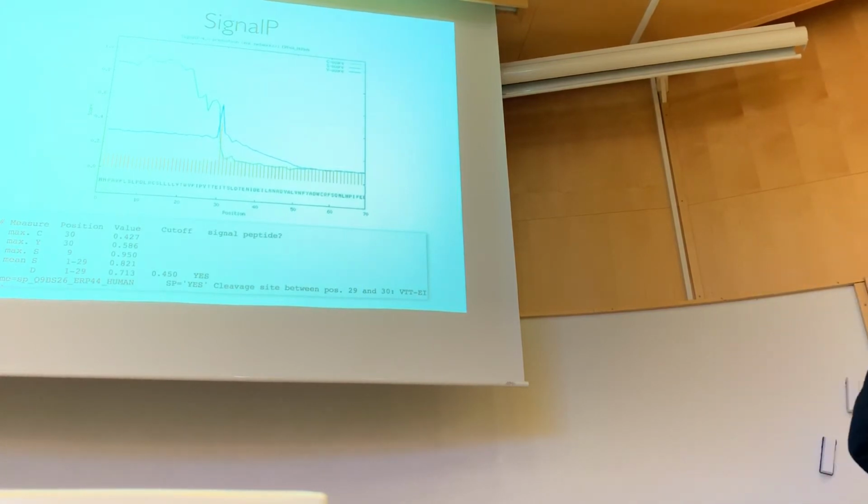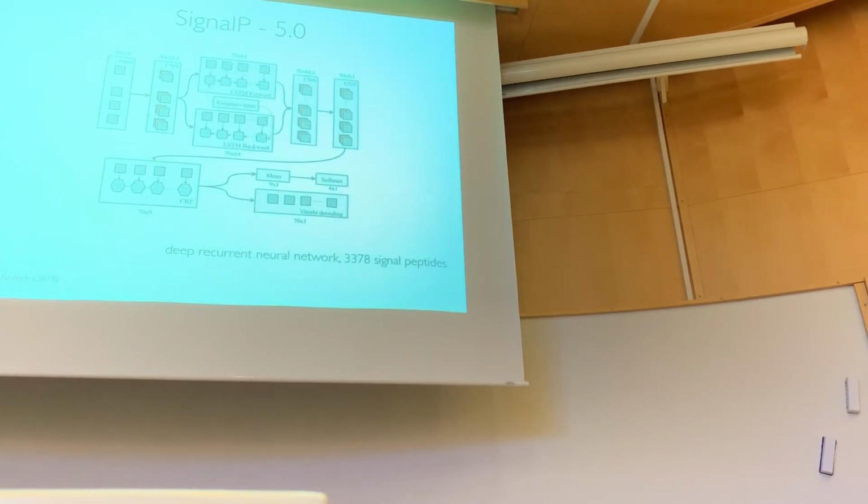So it's been very widely used. Like I said, it's been updated regularly with more sequence data, retraining, improving the architecture, etc. So I'll just show you the latest version that came out last year, SignalP 5.0.